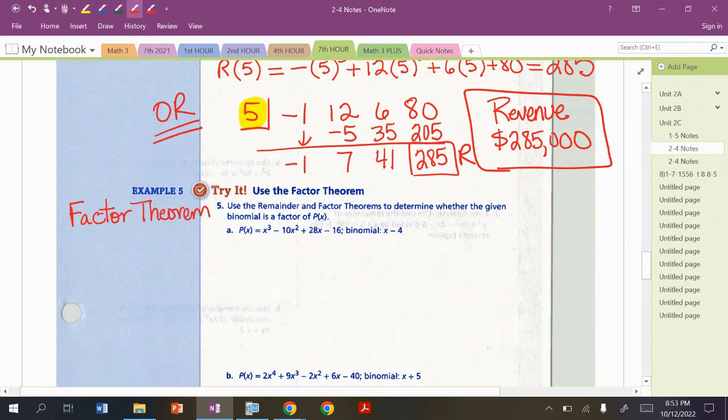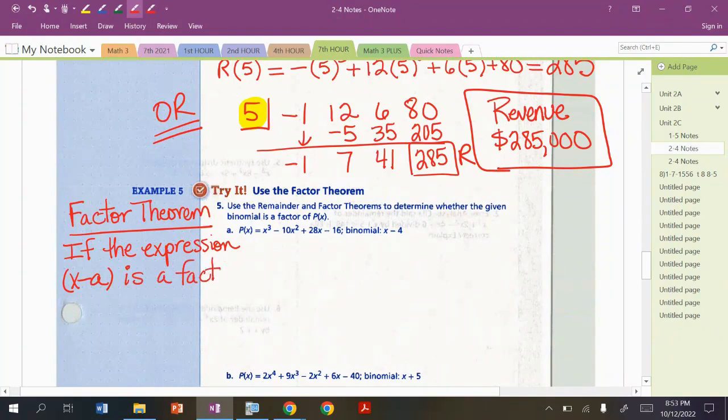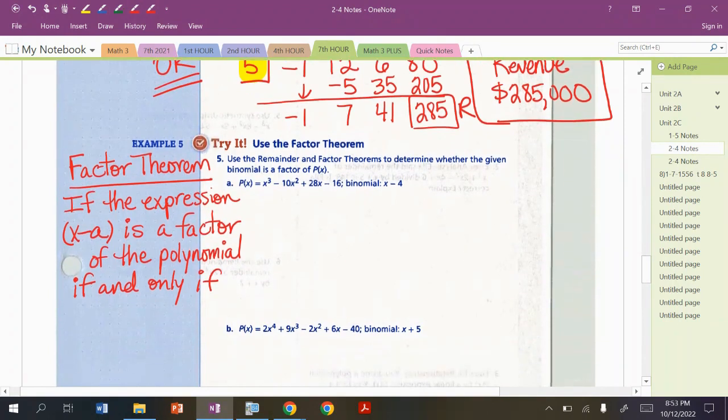The factor theorem says that the expression x minus a is a factor of the polynomial if and only if the remainder is 0.